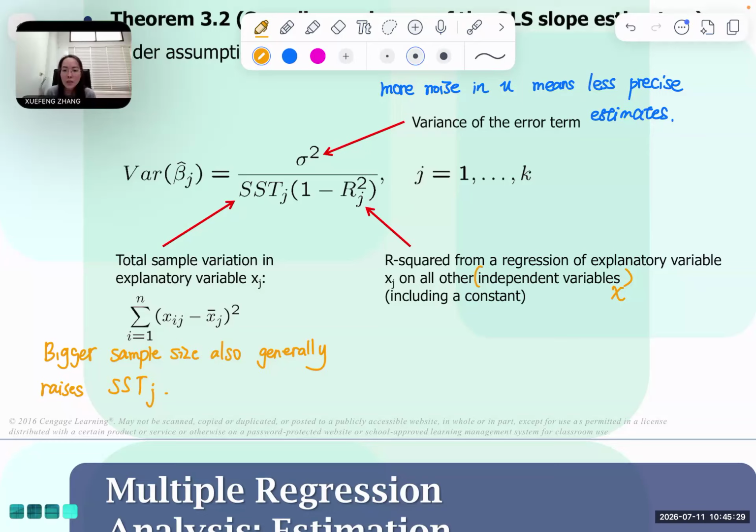Even imperfect but strong collinearity, while not violating our assumption, remember? MLR assumption 3, it says that there is no perfect collinearity, okay?